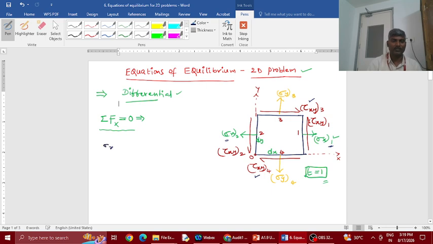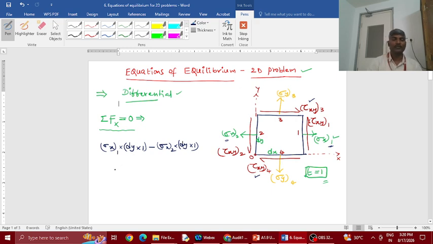Let us say sigma x of 1 stress into area. This dimension is dy into thickness 1, this is the area. This is towards the positive direction, so I write a positive value. And this one is negative, so sigma x of 2 into area dy into 1.